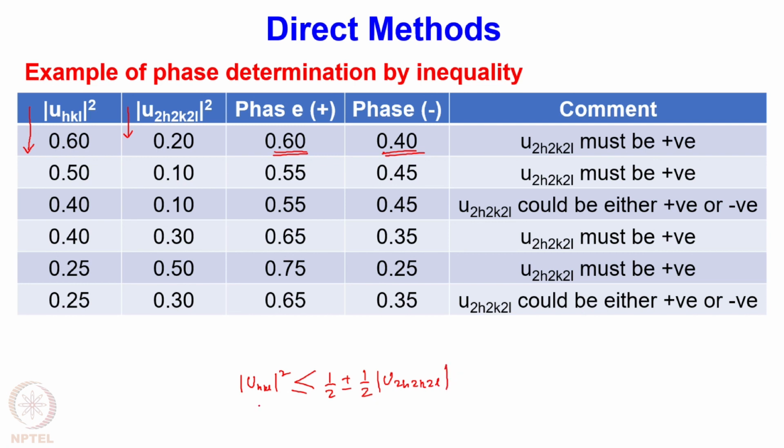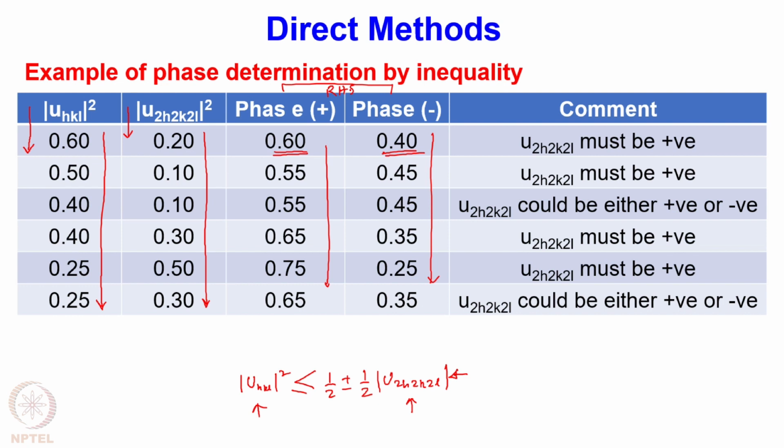So we have various values of U_HKL and U_2H2K2L from the data, and we are trying to find out what should be the phase of the U_2H2K2L reflection compared to the U_HKL reflection. If these are the values listed here for U_HKL, and these are the values for the reflection U_2H2K2L, then by selecting plus or minus, we get different sets of values for the right hand side.